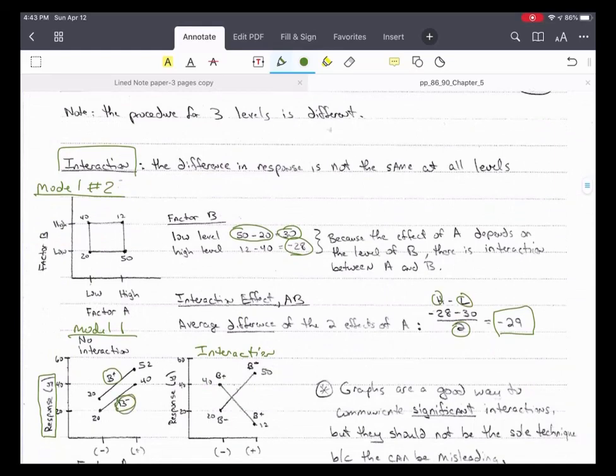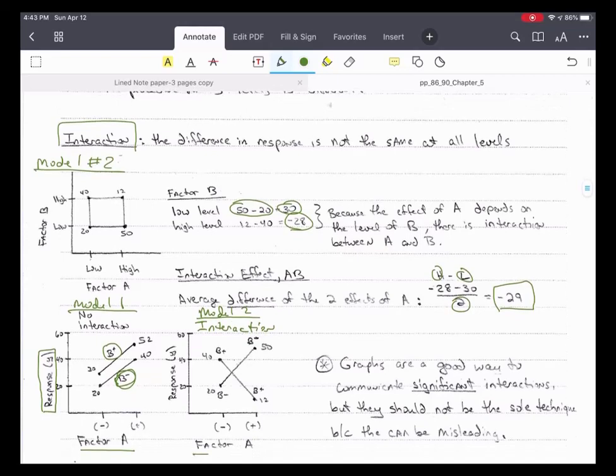Now for model 2, where there is interaction, we do the same. We have factor A down here and the response on the y. We draw a line for B minus. You'll see B minus goes from here to here, from 20 to 50.